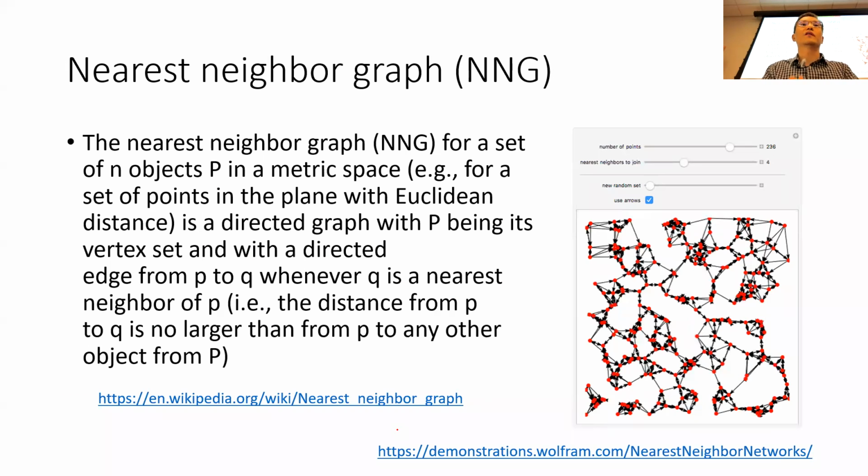And this is an example of nearest neighbor, and you may be able to click the link if you like to get a demonstration of how this nearest neighbor network can be constructed, and also you can change the parameters. If you use k equals 4, you get this.